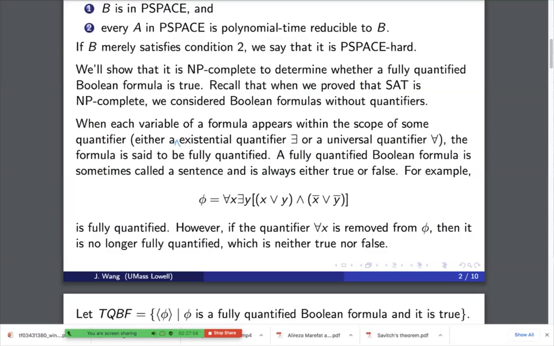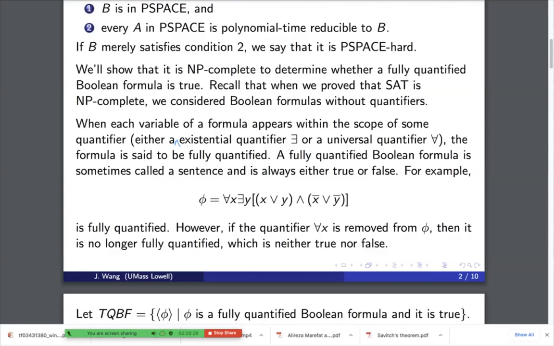For example, this formula, for all x there exists y such that (x or y) and (x bar or y bar), is fully quantified because you have two variables, x and y. However, if the quantifier for all x is removed from this formula, then it is no longer fully quantified, which is neither true nor false.